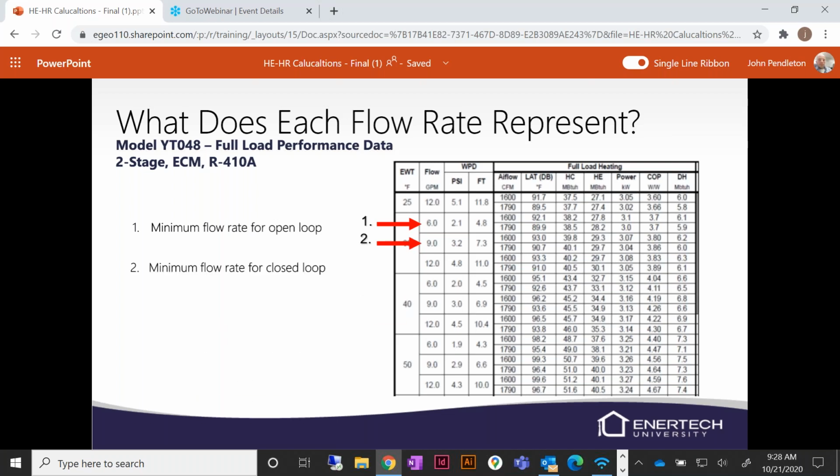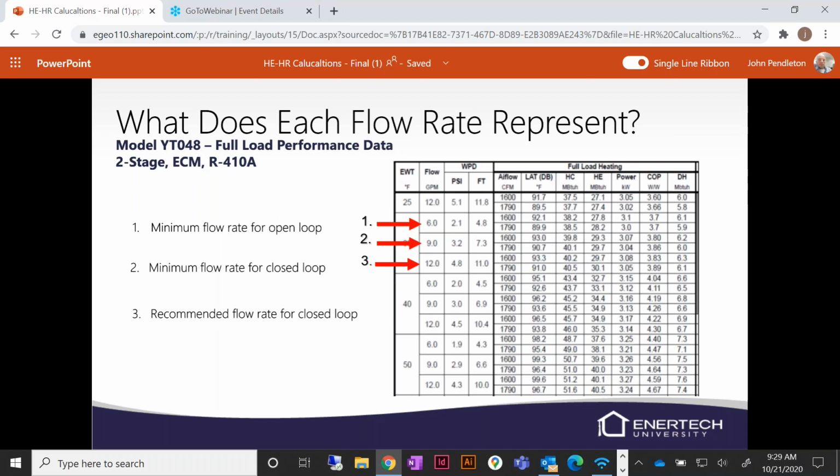The next flow rate is the minimum flow rate for a closed loop system. So the minimum flow rate for that would be 2.25 GPM per ton. So 2.25 times 4 is 9 GPM. And then the last flow rate is the recommended flow rate for a closed loop system, which is 3 GPM per ton.